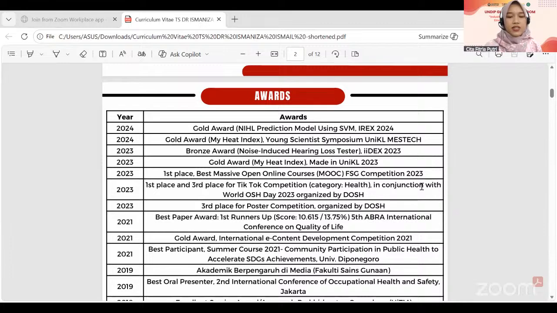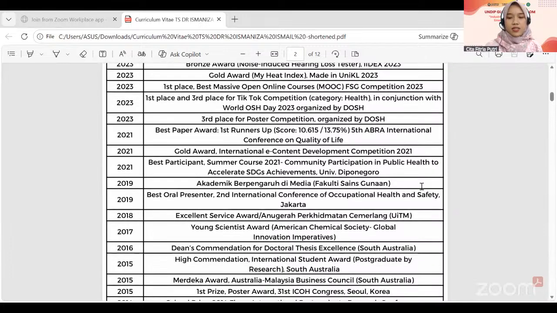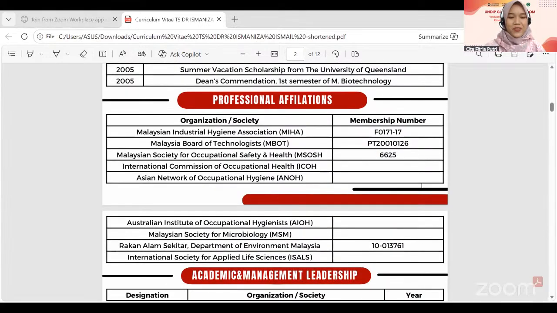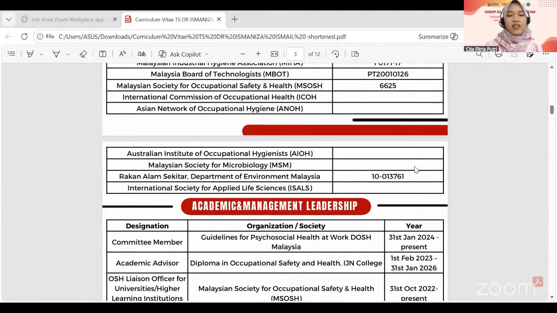Her research interests include occupational hygiene, environmental health, public health safety, toxic exposure, psychosocial risk, etc. Dr. Ismaniza has produced many journal publications and conference papers and has received numerous national and international awards, including Gold Awards in Innovation Competitions, Best Paper Awards, Young Scientist Awards, and Doctoral Thesis Excellence Recognition.